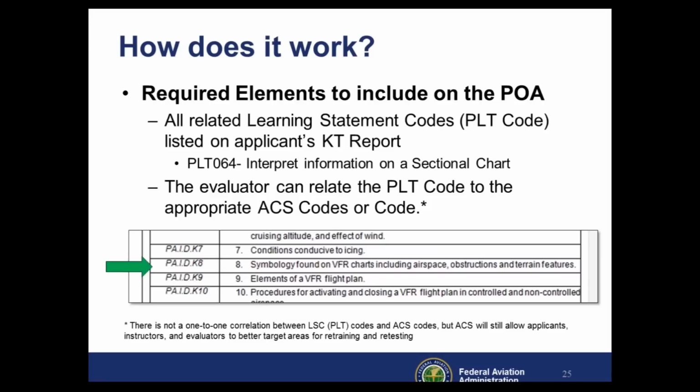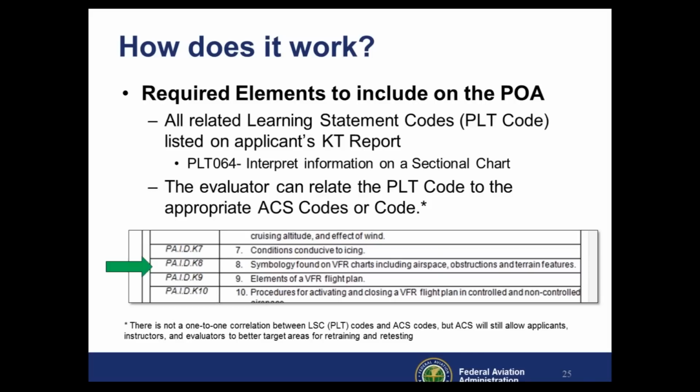For example, PLT 064 was information on a sectional chart. I looked through the preflight planning section of the ACS, and I found a code, PA.I.D.K8, so K8, and it says symbology found on VFR charts. That's a really good match, in my opinion.